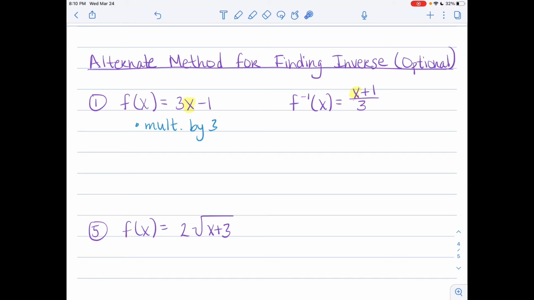And then the next thing that I've done is a subtraction of 1. If I look at the inverse function, I want to do the same thing. So x has had a 1 added, and then we took that entire thing and we divided by 3.